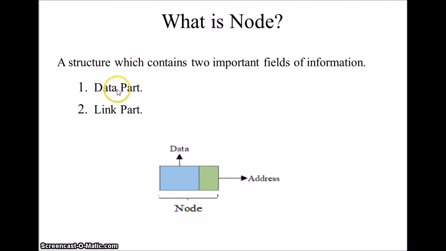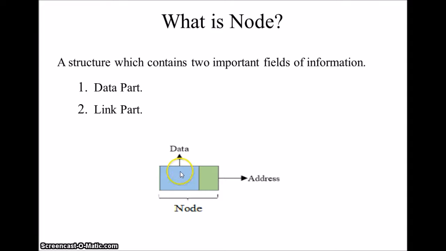The data part is where the actual data, the information you want to store, will be stored. For example, the student roll number, the entire student information, the employee information, the first item in the shopping list, or a song in your music playlist.